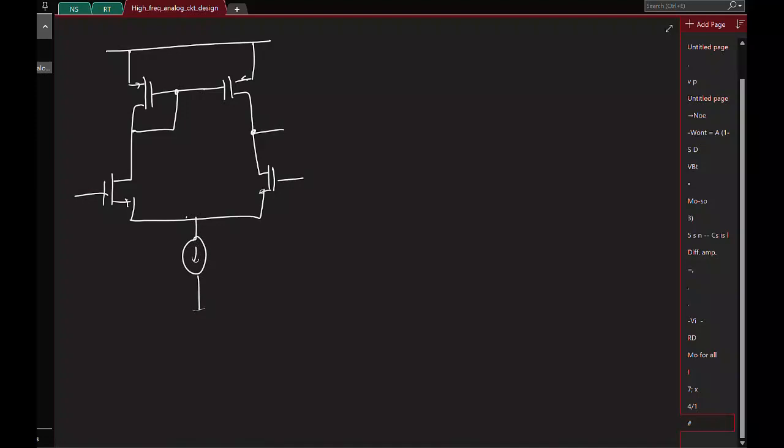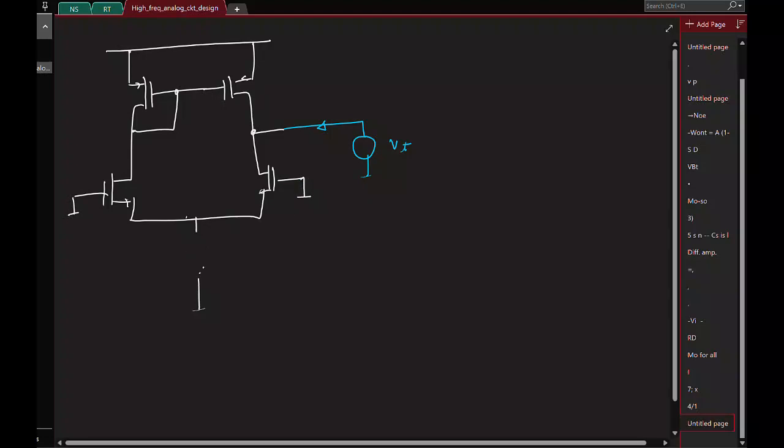To find output impedance, what you have to do is apply a test voltage here and measure the current coming, and de-energize all the other inputs. That's all. So now in the incremental picture, the current source is gone, I don't have to consider it. The supply is a short.